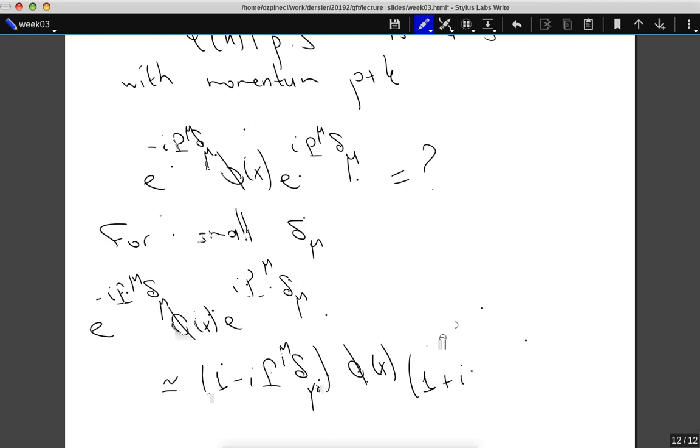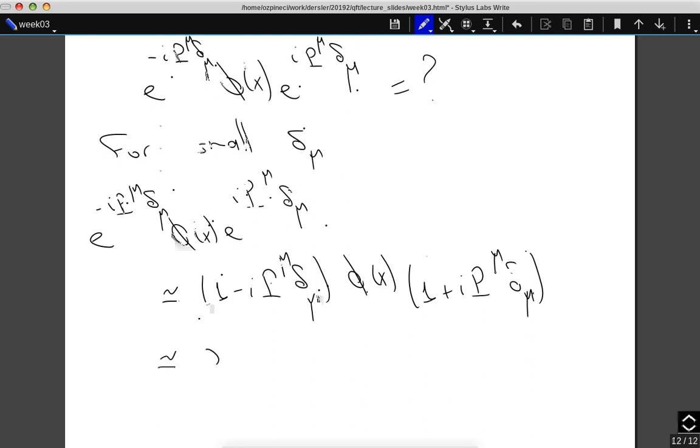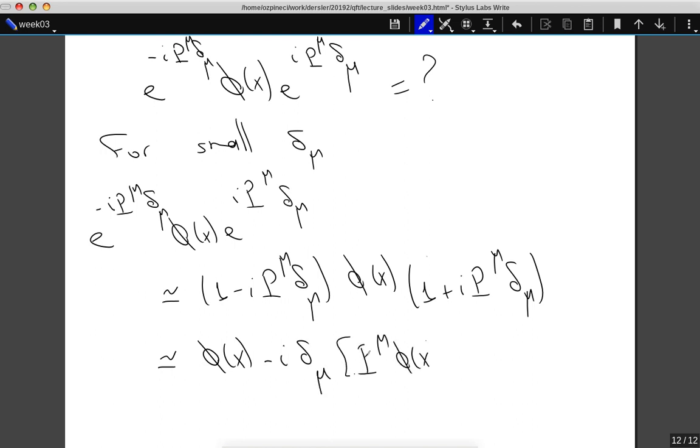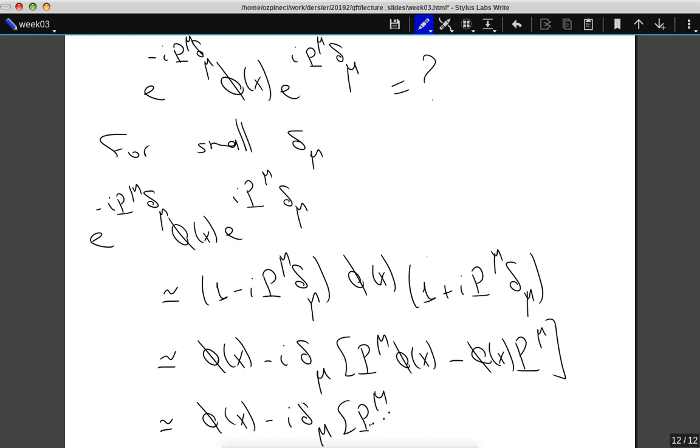One plus I p mu delta mu plus terms of the order of delta squared, acting on phi of x, gives phi of x minus I delta mu p mu phi of x minus phi of x p mu, or phi of x minus I delta mu, the commutator of p mu with phi of x.